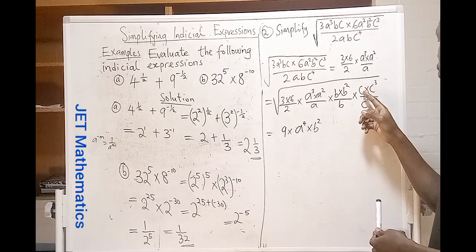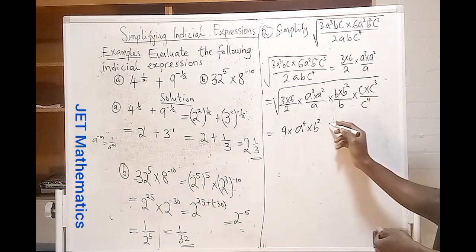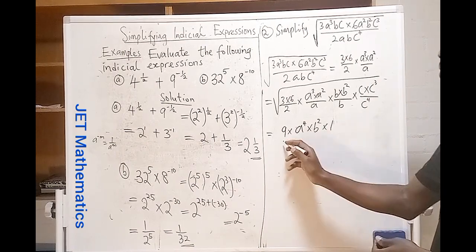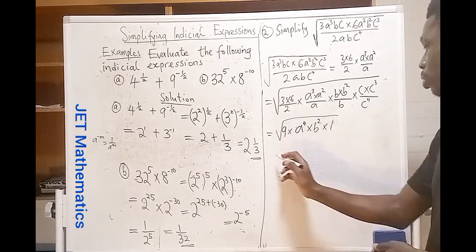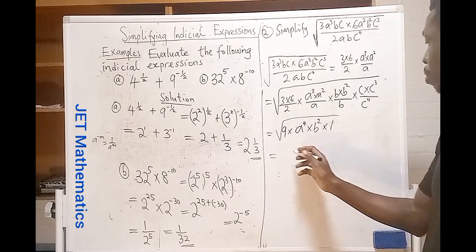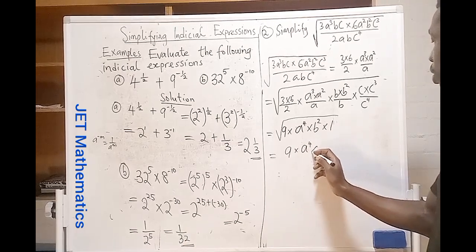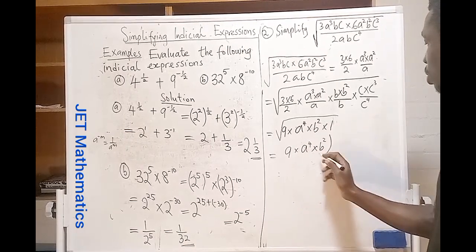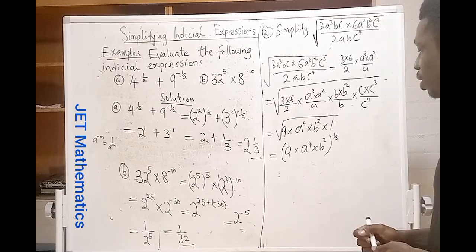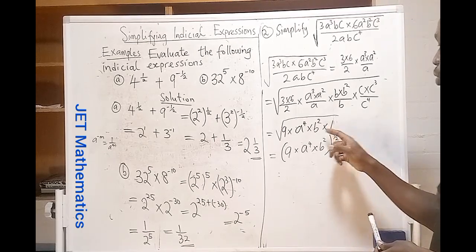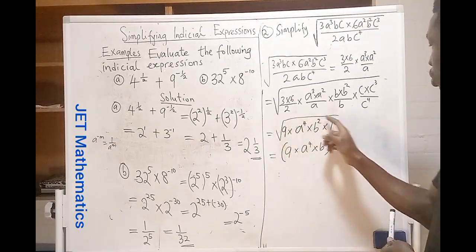Then here we have 1 plus 3, 4. c to the 4 divided by c to the 4 is 1. All in the square root. So this gives us 9 times a raised to the power 4 times b raised to the power 2, all raised to the power half. The 1 is no more because 1 times 9 is still 9. Alright, so the square root is power half.